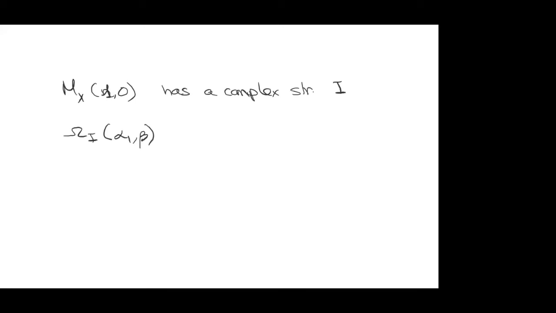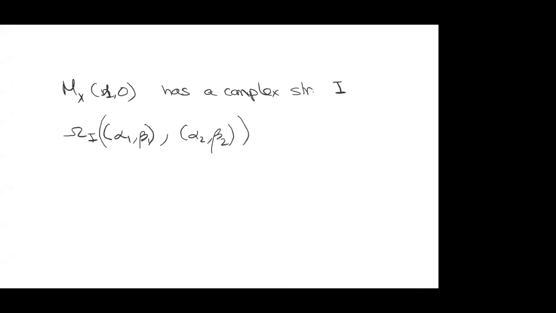So first of all, it has a complex structure inherited from that of the Jacobian. Let's call it I, and it also has a holomorphic symplectic differential form. This is just given by, again, the pairing given by Serre duality.